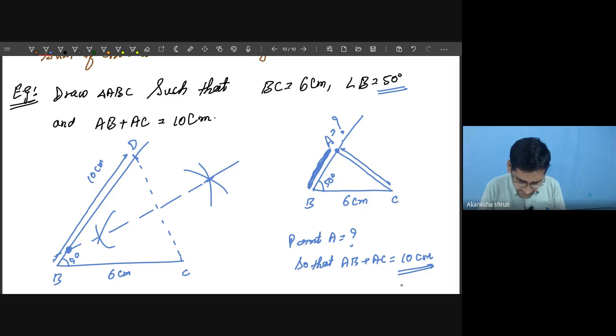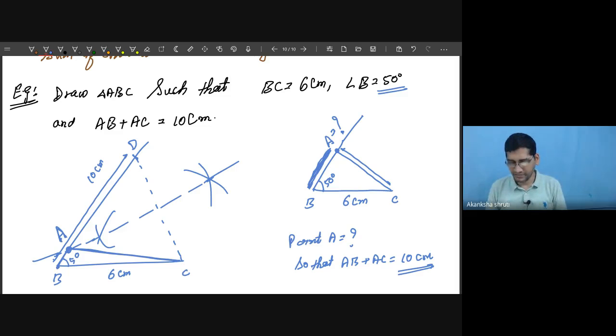The point where the bisector cuts this BD will be point A, though it appears quite closer to B. Finally you have to join this A to C. So this way A is determined. This I will explain tomorrow once again.